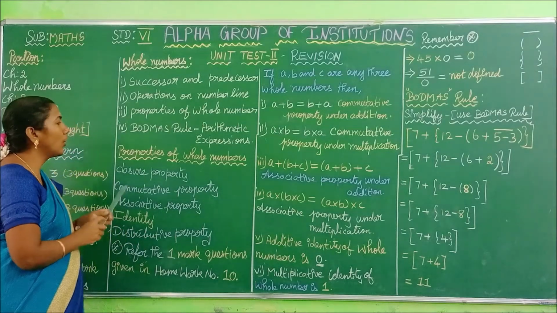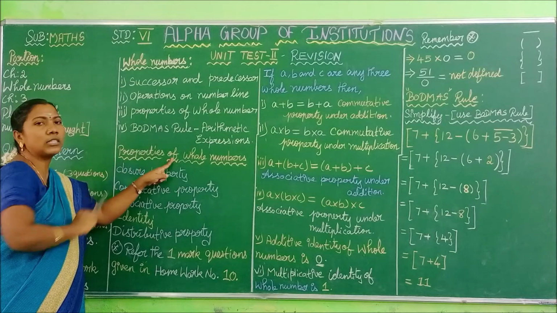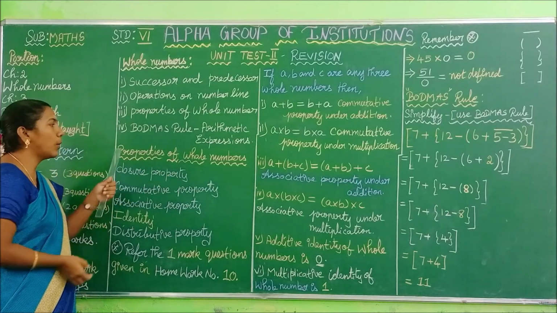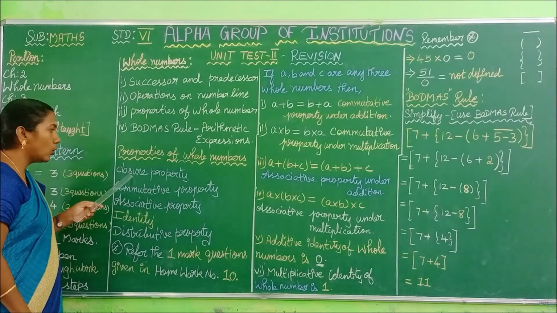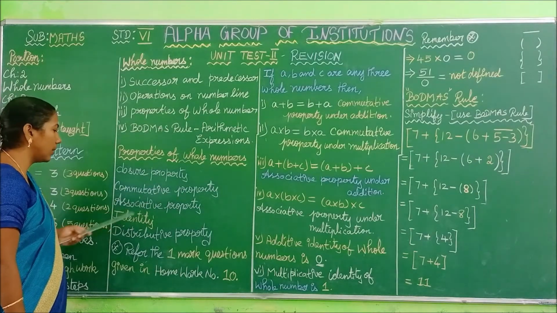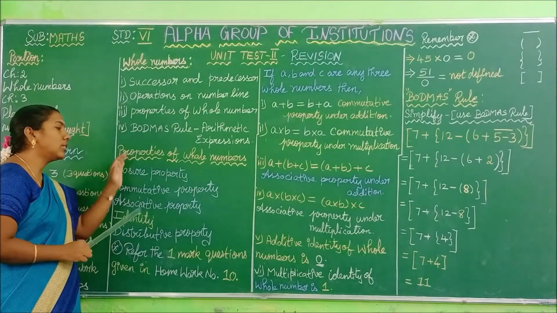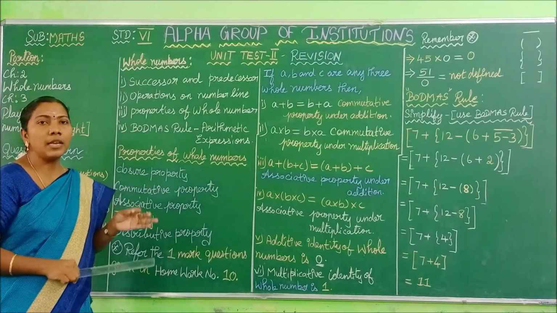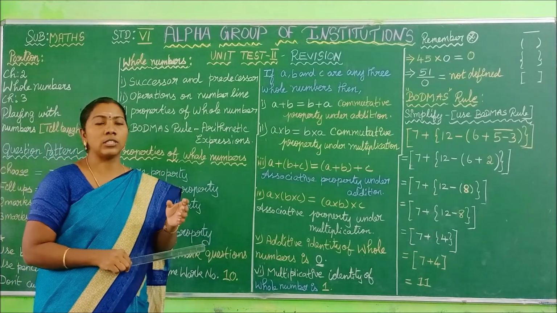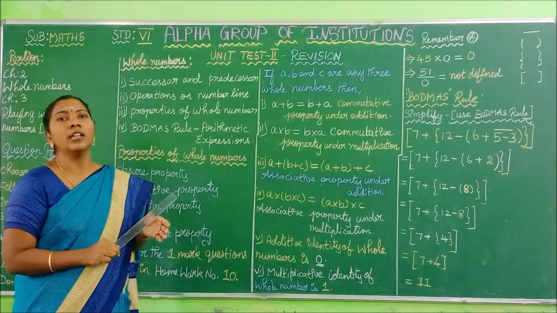Now we are going to first discuss the properties of whole numbers, and then we will discuss the BODMAS rule. What are the properties we have seen? Closure property, commutative property, associative property, identity, distributive property. We discuss these properties based on the fundamental operations: addition, subtraction, multiplication and division.